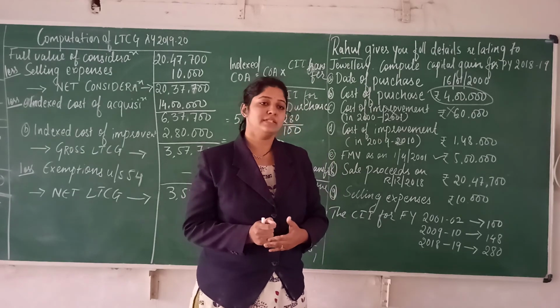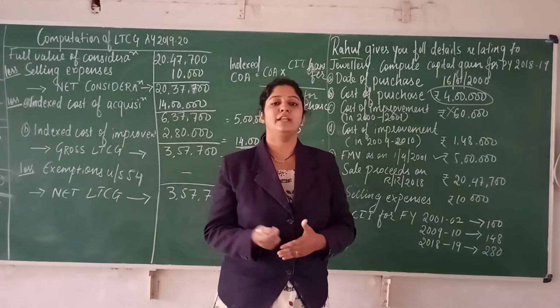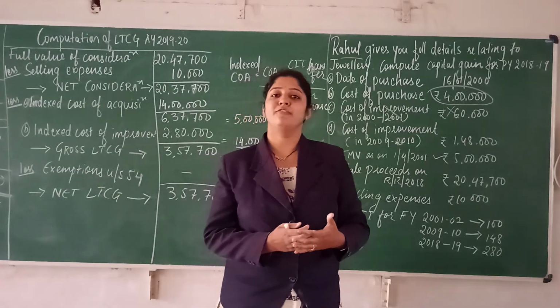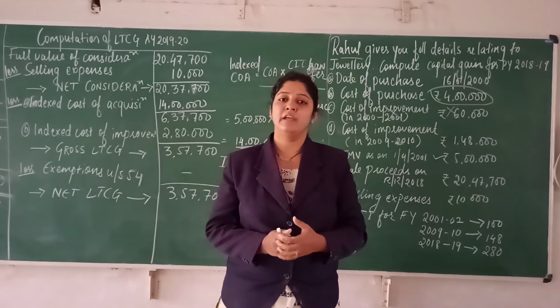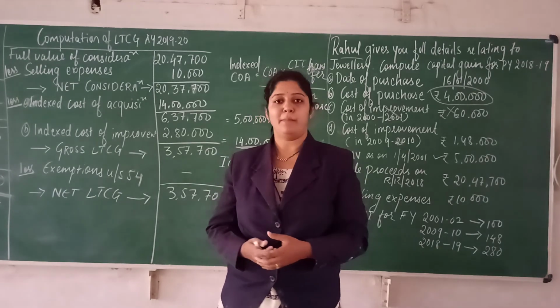And second one is, any improvement that has taken place for any asset before the base year, that is before 1/4/2001, will not be considered while computing long-term capital gain.